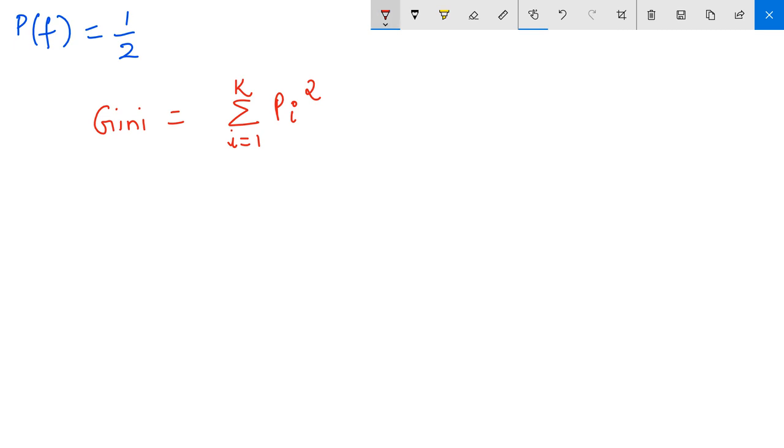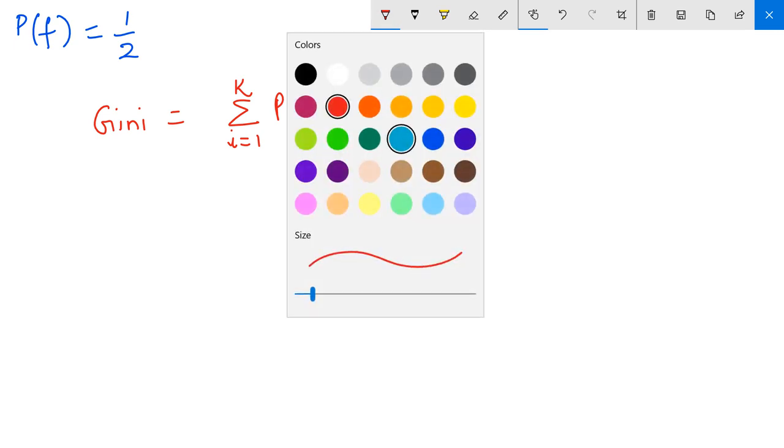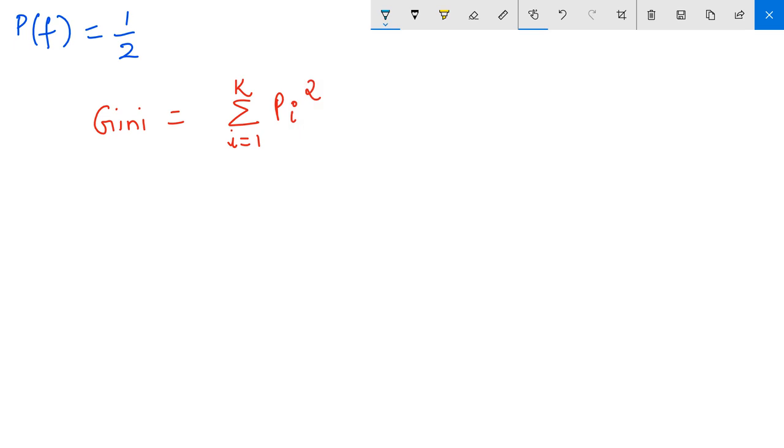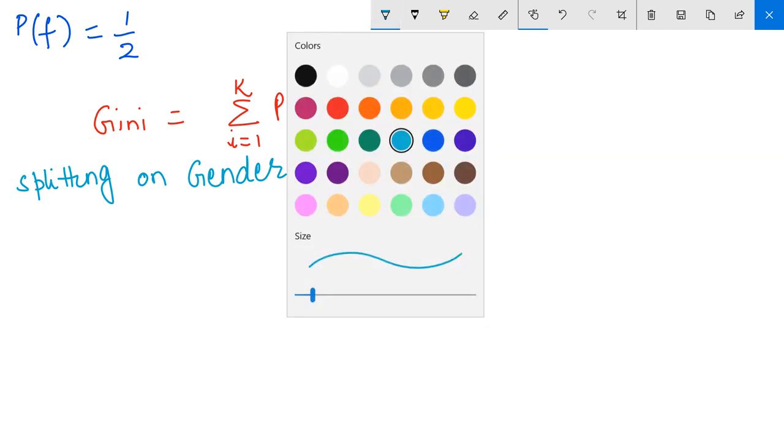So I'll explain how we split now on the basis of Gini index, and that too on the basis of gender. On the basis of gender, let's split and put this into the formula.